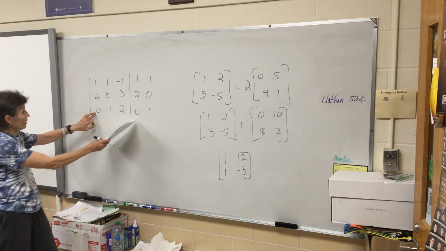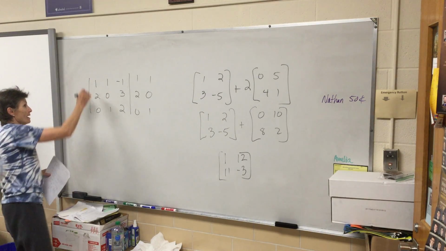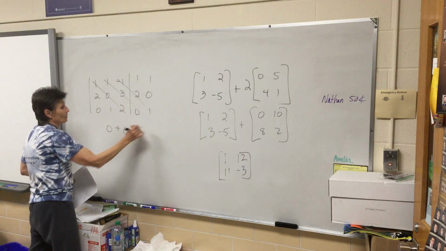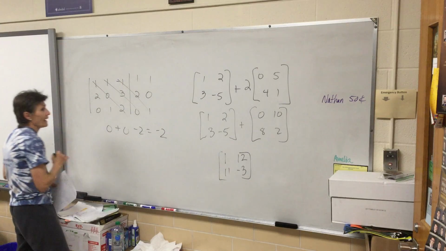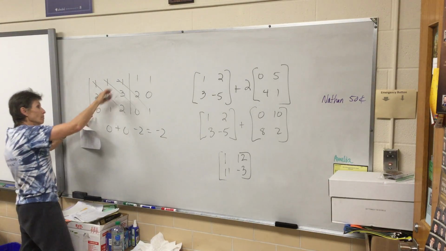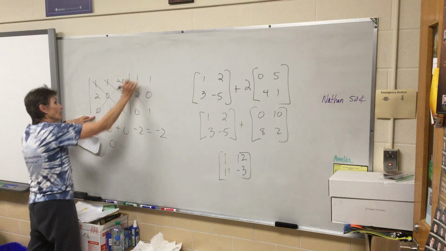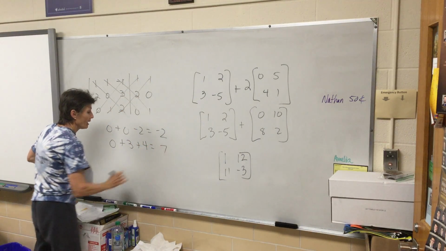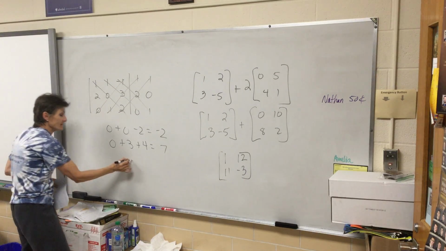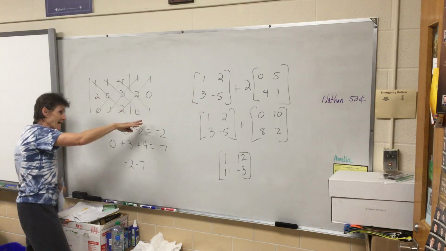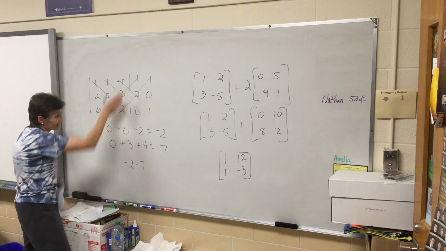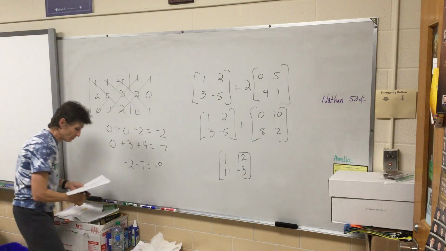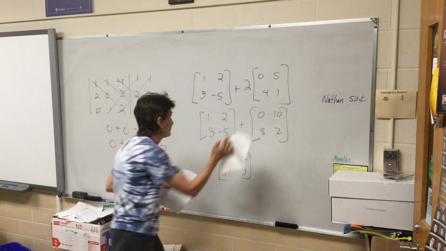So 1, 2, 0, 1, 0, 1, and then multiply, multiply, multiply, add them all up, and then multiply, multiply, multiply, and add them all up, and then subtract the downs minus the ups. So negative 2 minus 7, the value of that determinant is negative 9.